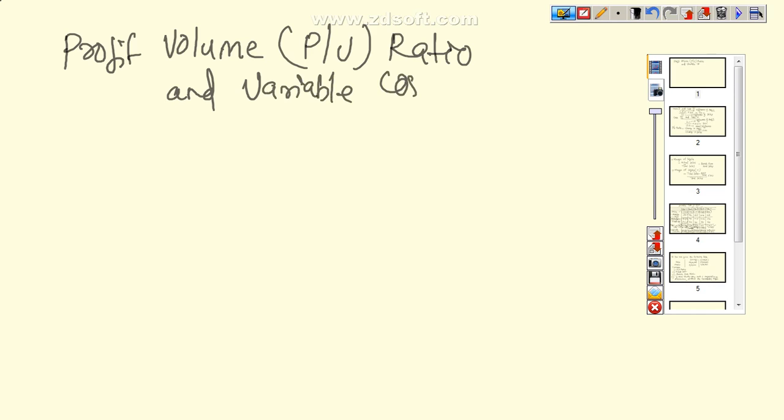PV ratio plus variable cost ratio should be equal to 100%.